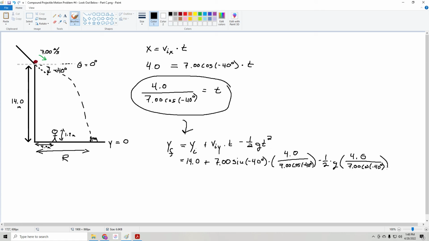And remember on the last piece here, the t is supposed to be squared, so don't forget to put squared on there. And what do we get when we plug all of this into a calculator? Well, I get 7.91 meters.